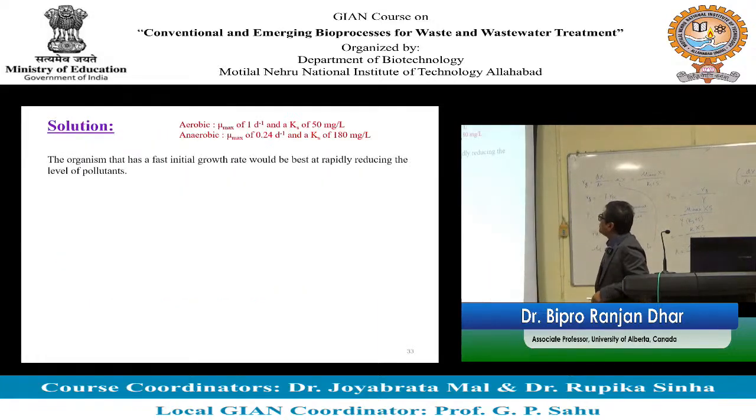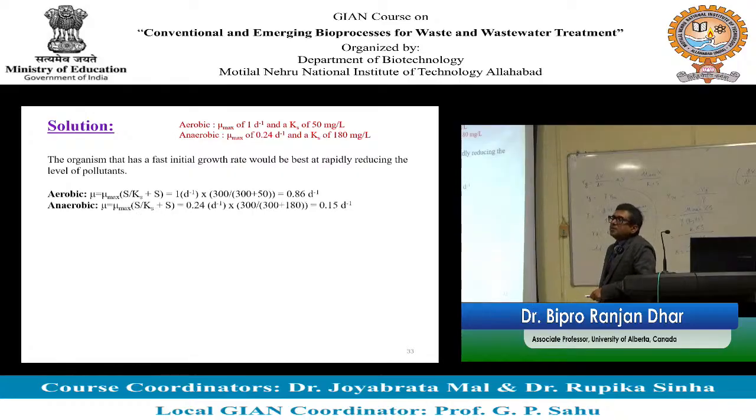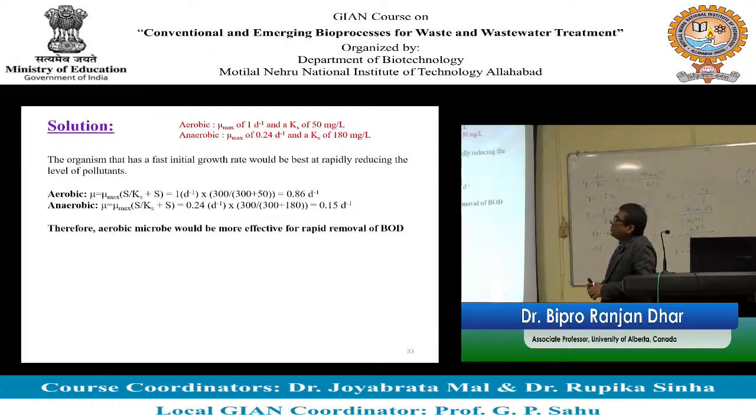Now if we put those numbers in the Monod equation, we get 0.86 for the aerobic process and 0.15 for the anaerobic process. That means aerobic microbes should be more efficient for rapid removal. If you want to achieve 25 milligram per liter BOD, the aerobic process is going to be the option, and that's why the aerobic process has been used for more than 100 years.